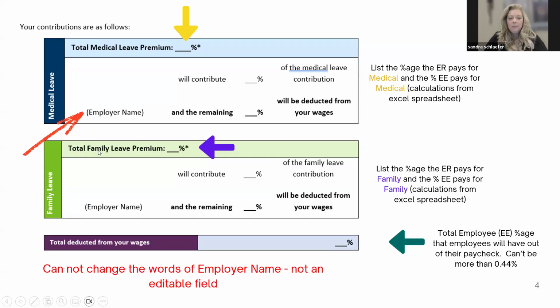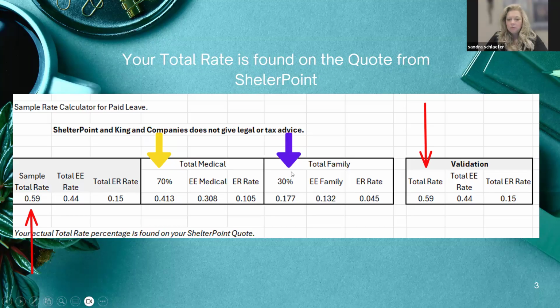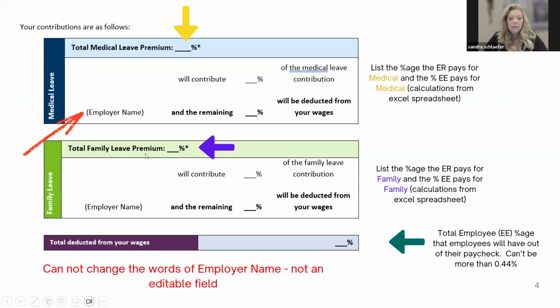And then you have the family leave component, and that would be this total. And then for the employer rate, it would be this, and the employee rate would be this. And then you would be completing that in these sections here.